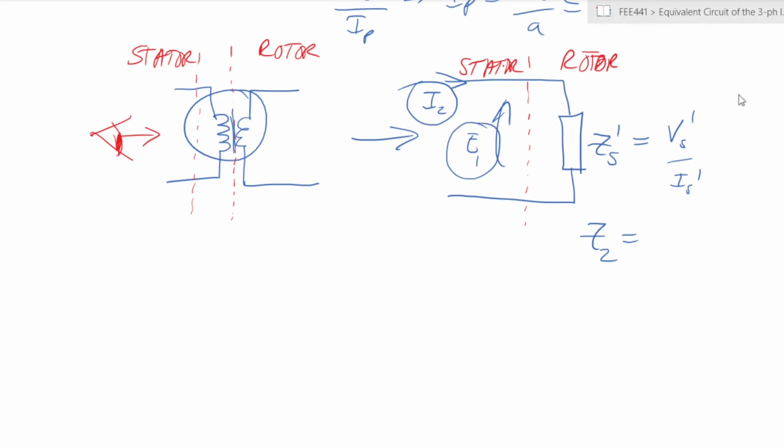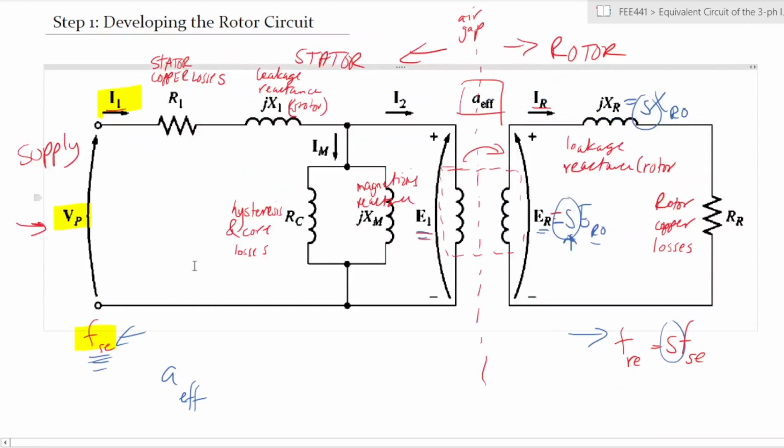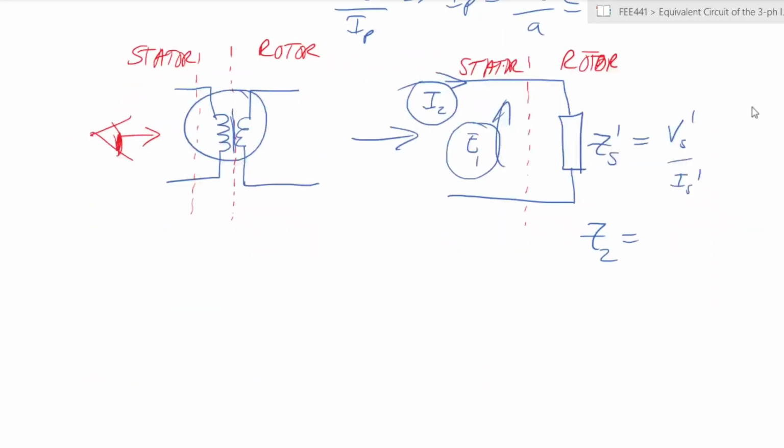Remember what we had shown here in our diagram. Remember, I2 and E1. E1 is the supply. I2 is the current that is going in. Okay. So Z2, which is what we are now calling this one, will be given by E1 over I2 by Ohm's law, okay, from the point of view of the stator, right?